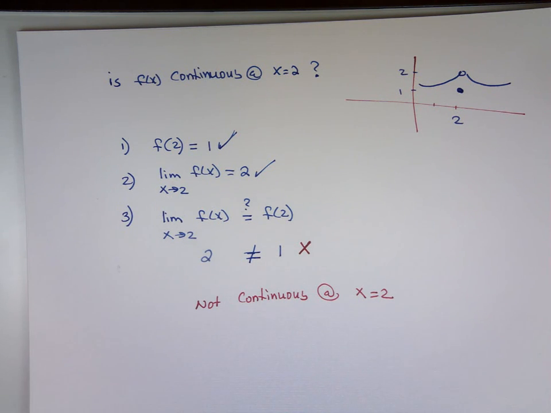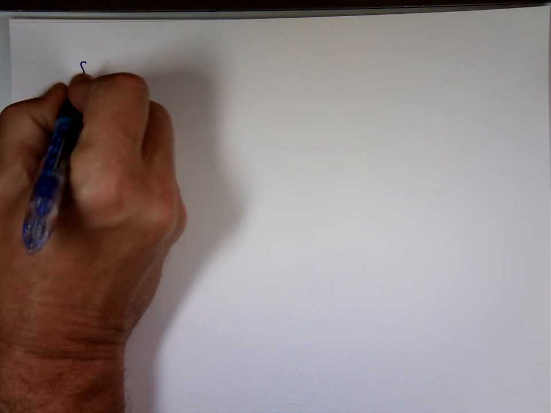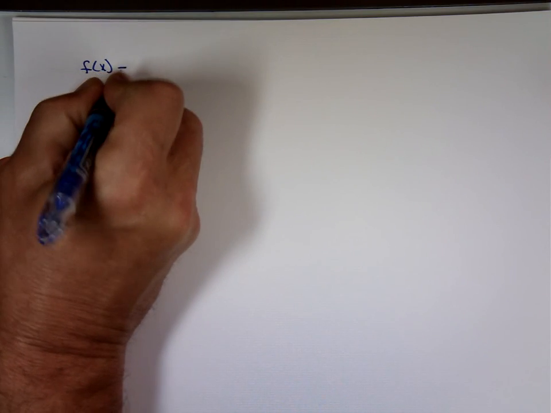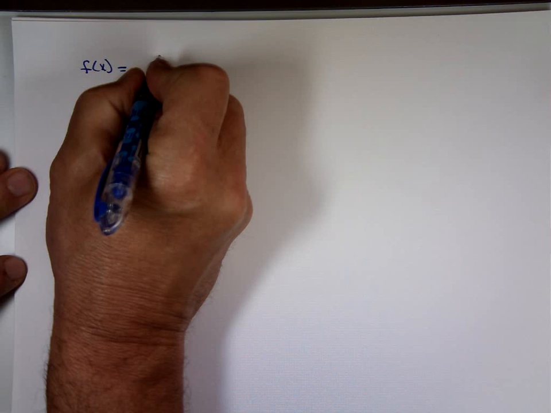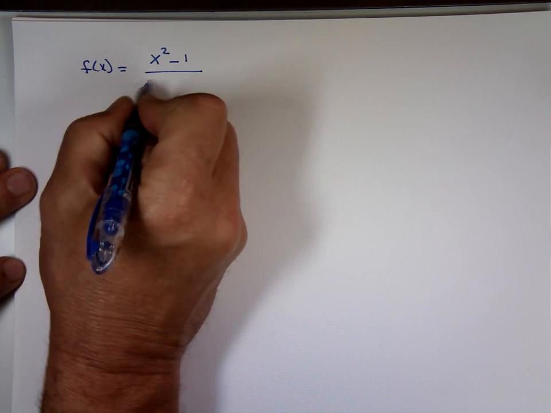Now again, if you don't have a picture, then we've got to look at it mathematically. Let's take some of them. f of x equals x squared minus 1 divided by x minus 1.